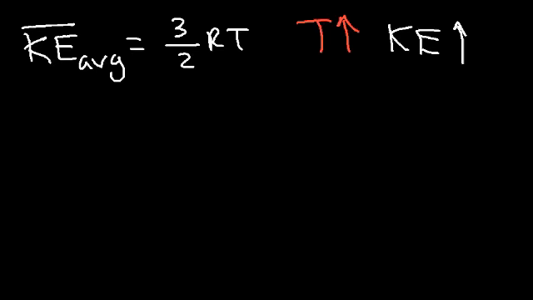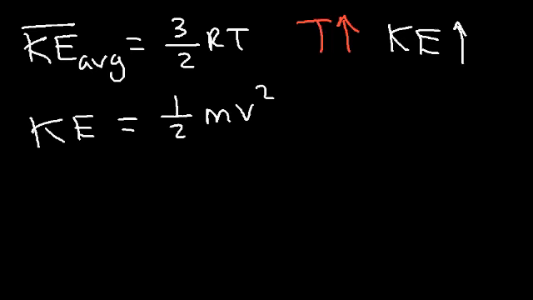So this is part of the kinetic molecular theory, which states that the average kinetic energy of a gas is directly proportional only to temperature. Now, that's the average of 1,000,000,000 gas particles. But what about the kinetic energy of a single particle? That can vary. The kinetic energy of a single molecule, if you go back to physics, is 1/2 mv squared. So if you double the mass of just a single particle, the kinetic energy will double.